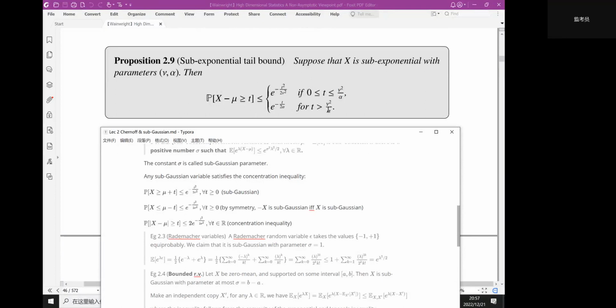But when t is larger than mu squared over alpha, the exponent is linear in t. So this is the difference: below the cutoff value, the sub-exponential behaves like sub-Gaussian, but above it, the exponent of e is linear.